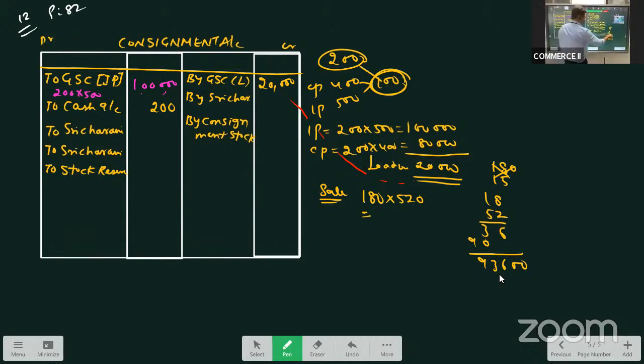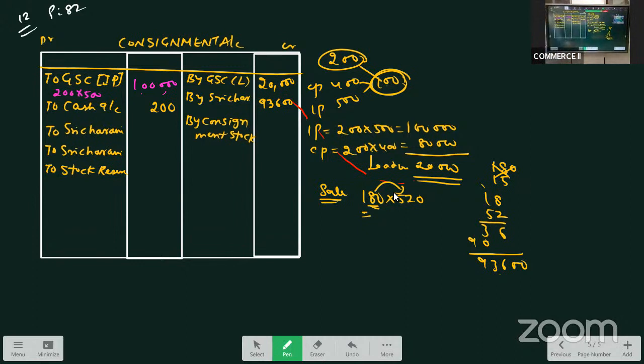Okay, once again we'll check. So what is the total sale value? 93,600. 180 cases at the rate of 520, it is 93,600.